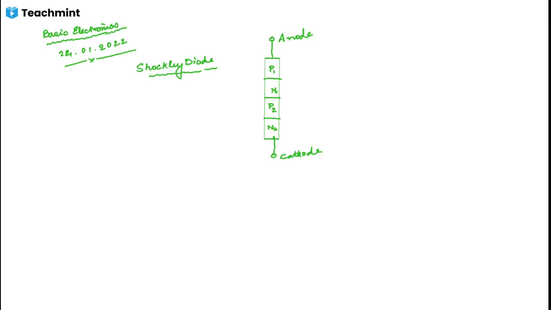So if I draw the diagram of this, it will look like this: there is a diode, there is another diode, and there is another.